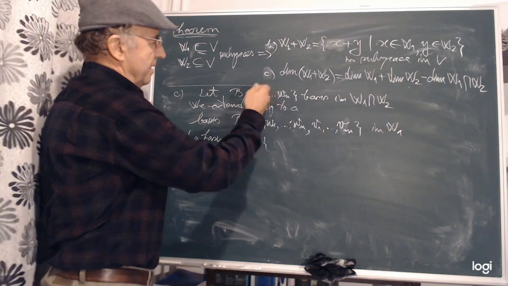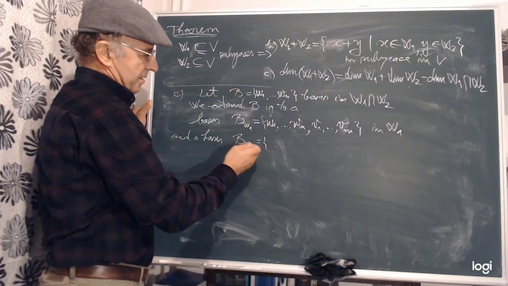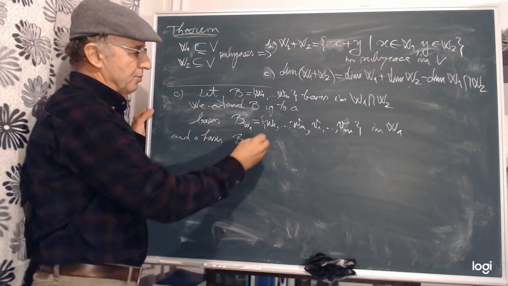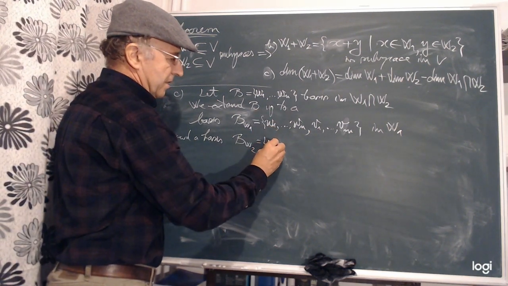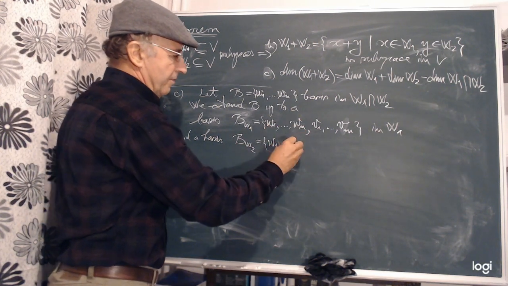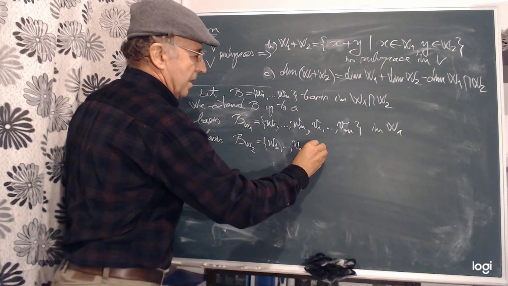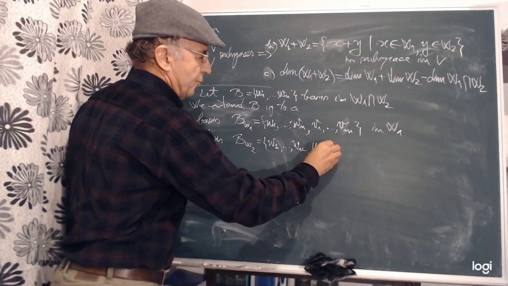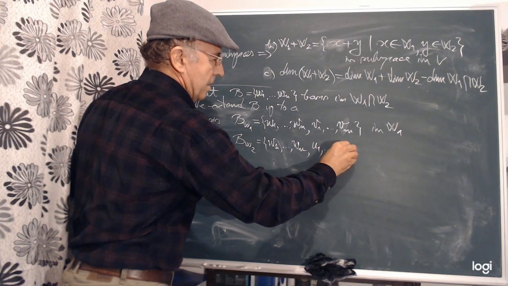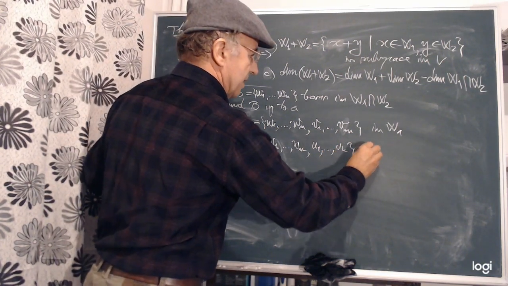We extend these vectors, which are from the intersection, so they are from W2, by adding some additional vectors u1 up to uk, and we get a basis in W2.